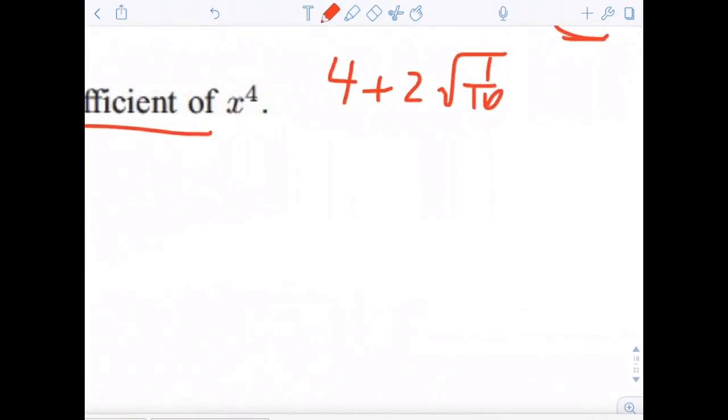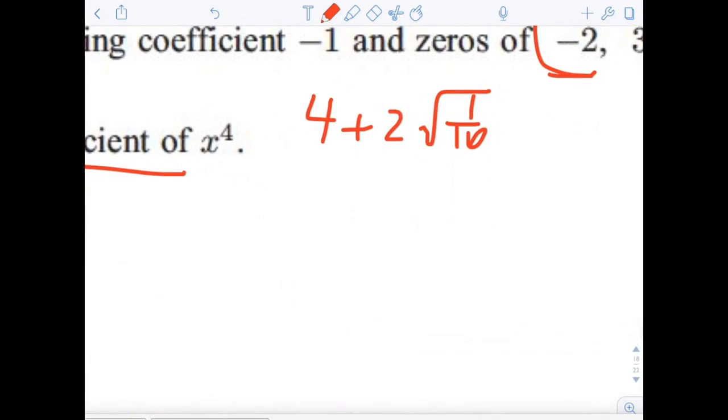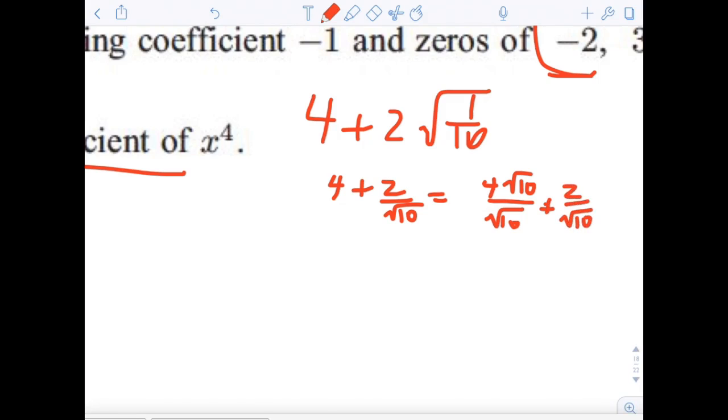Some mathematicians don't like having the radical in the denominator, so let's try to get rid of that. So we have 4 plus 2 over, and square root of 1 is just 1, square root of 10 is square root of 10. Let's put both 4 and 2 over the same denominator. So we'll have 4 square root of 10 divided by square root of 10 plus 2 over square root of 10.